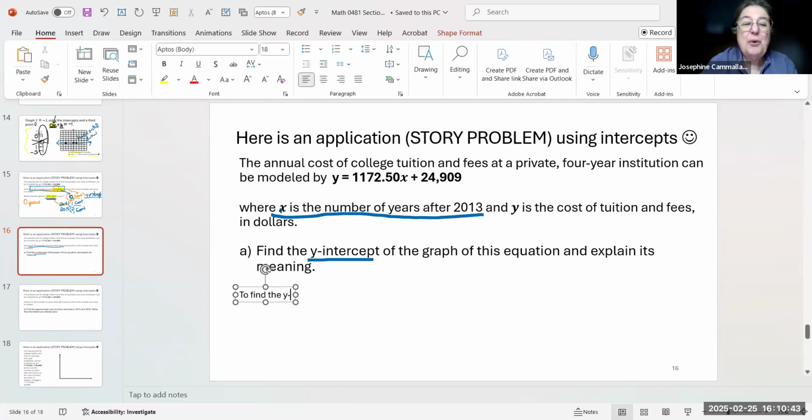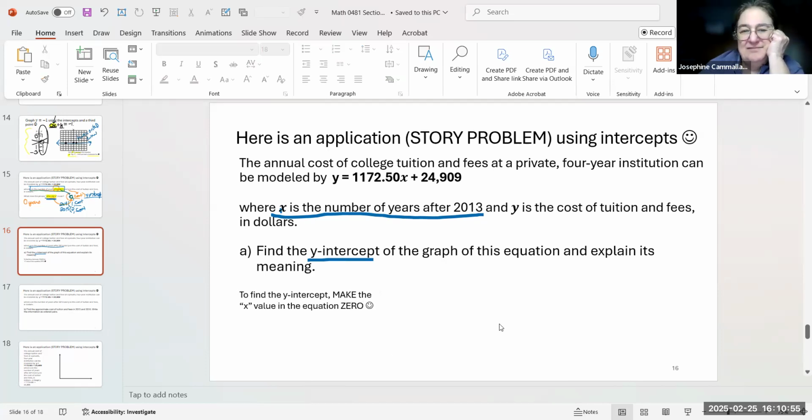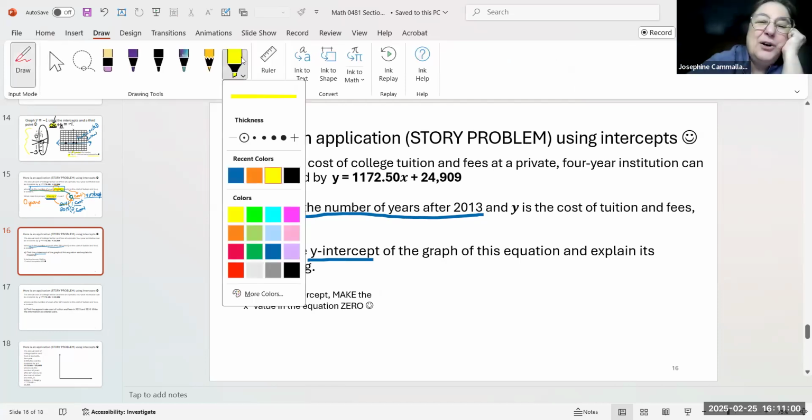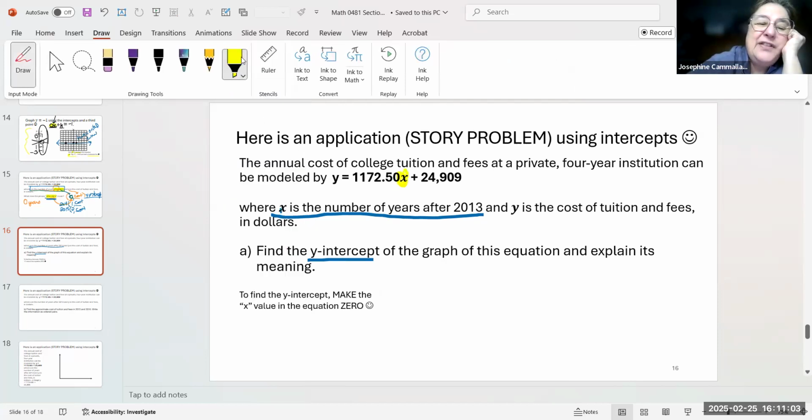To find the Y-intercept, make the X value in the equation 0. So that means right here, this is 0, which means this is canceling out, because 0 times $1,172.50 is 0.